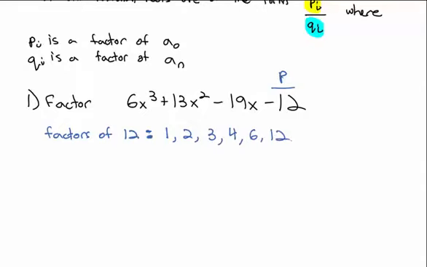It's all the factors that divide into 12. Q is the first number, which is 6. So then we will consider the factors of 6. Well, the factors of 6 are 1, 2, 3, and 6.